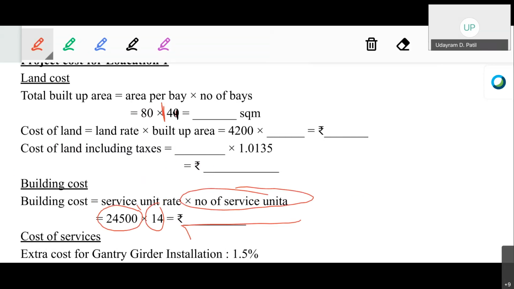Okay, cross verify करा. Yes, 3,43,000 rupees will be the building cost for the warehouse.